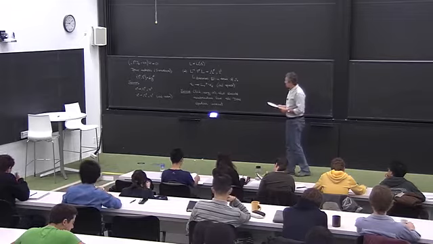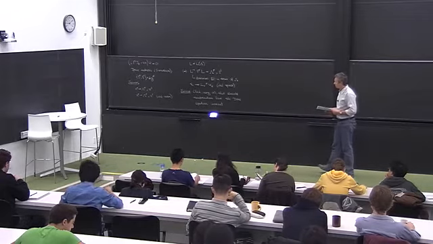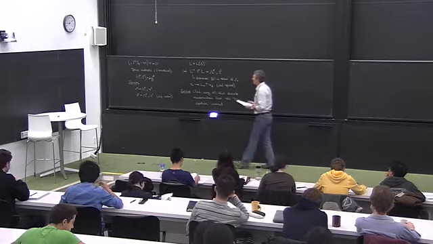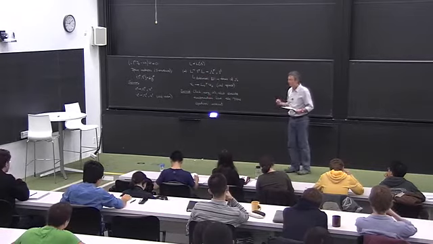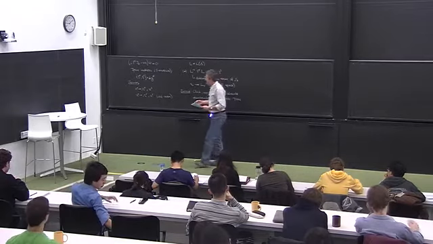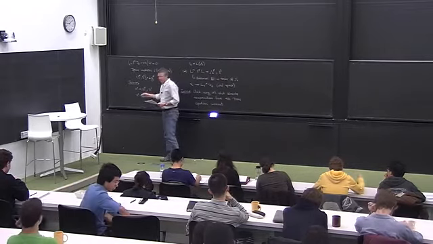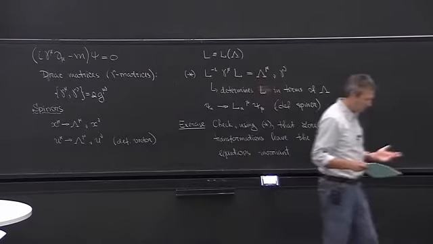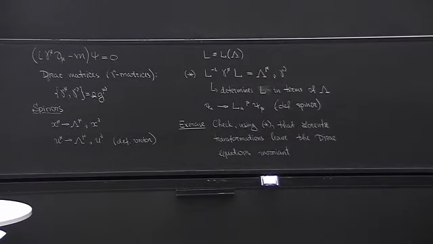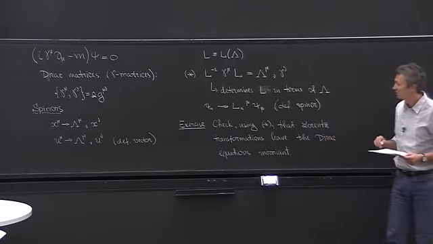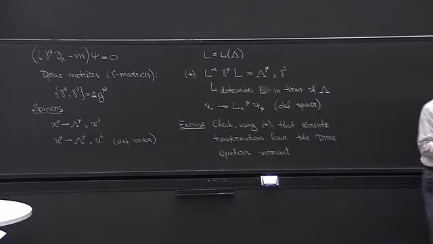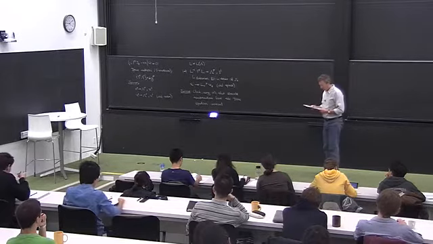The second property is that this definition makes L a representation of the Lorentz group. So you know that transformations of coordinates that leave the Minkowski metric invariant form a group, which is called the Lorentz group. So if you apply two transformations to x, it will be another Lorentz transformation, and so on.